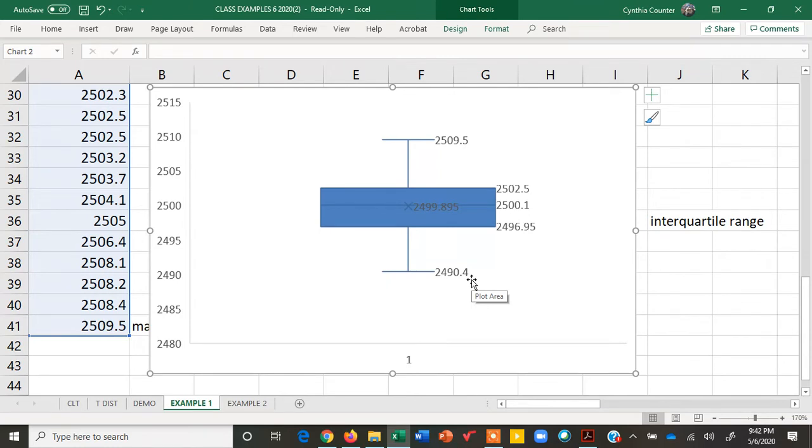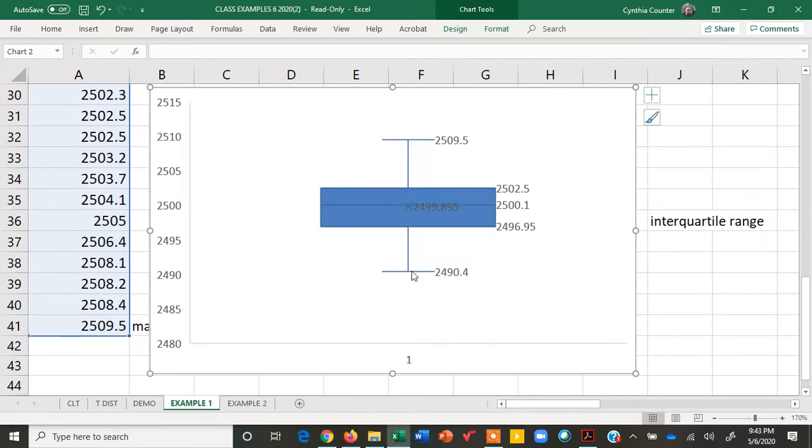If you had a leptokurtic, this is platykurtic. If you had a leptokurtic distribution, what you would have is these whiskers here would be much longer relative to the middle. They would actually end before you hit the least and greatest values because you would have outliers. So they would end, and then you would see points out here showing the outliers.